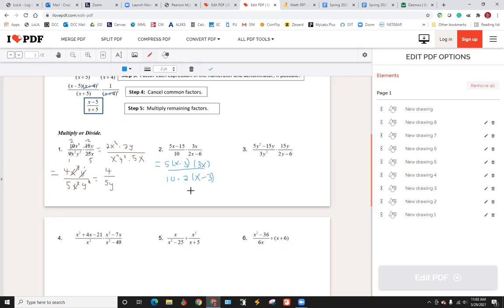So x minus 3's are gone. And then up here you got 5 times 3x, so that's 15x.